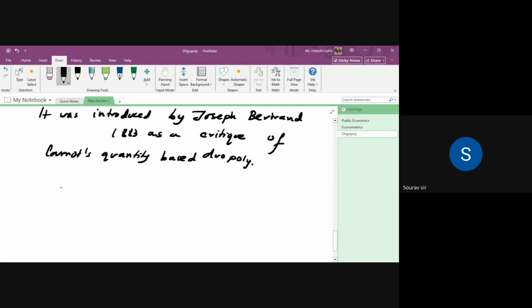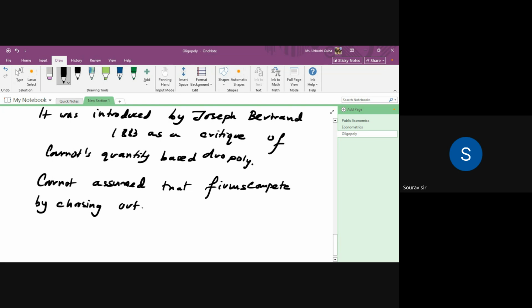Cournot assumed that firms compete by choosing output levels.